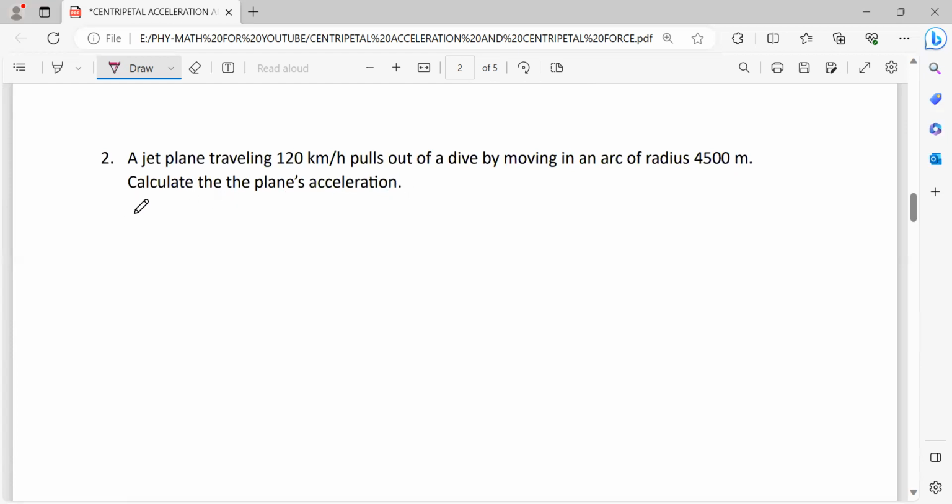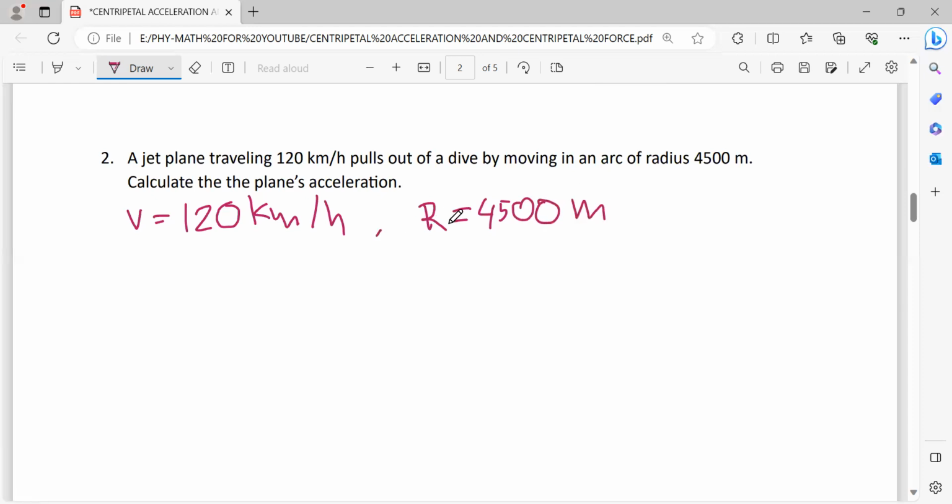So identify first that the velocity Vt equals 120 kilometers per hour, and then our radius equals 4,500 meters.